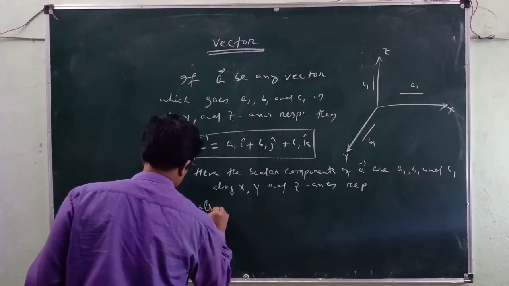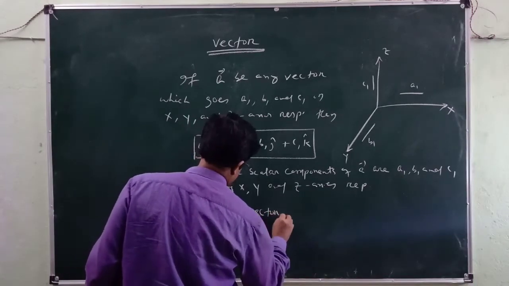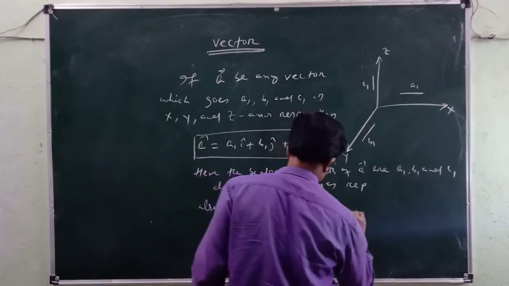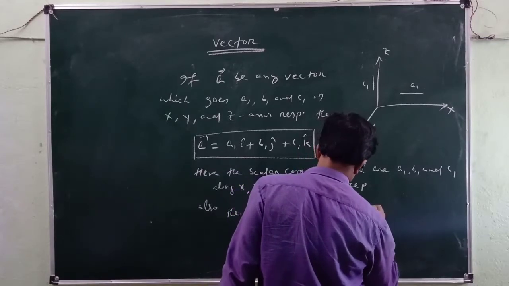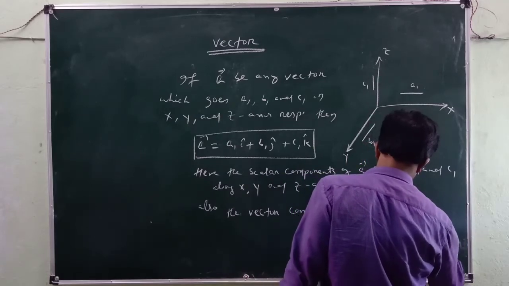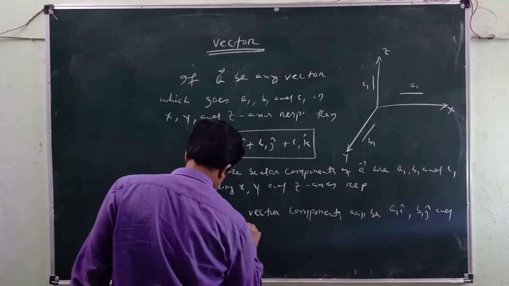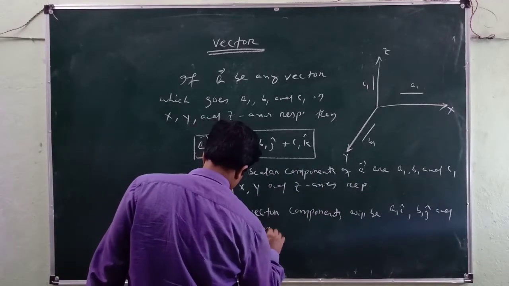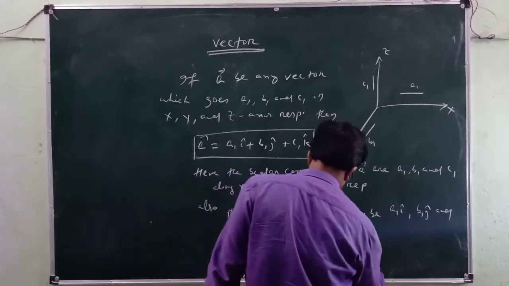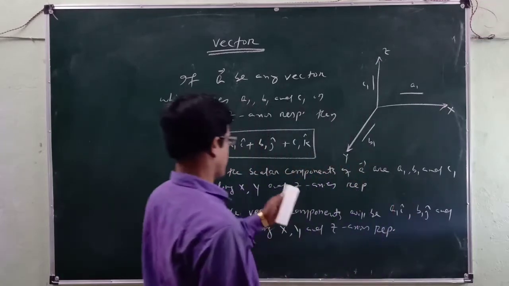Also, the vector components will be A1 I cap, B1 J cap and C1 K cap along X, Y and Z axes respectively.